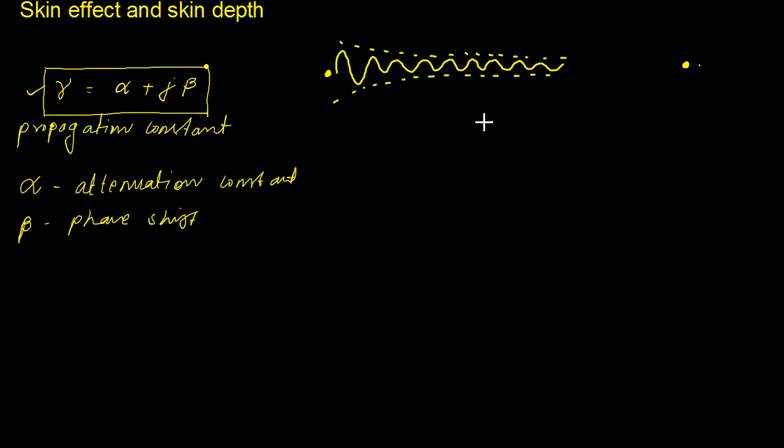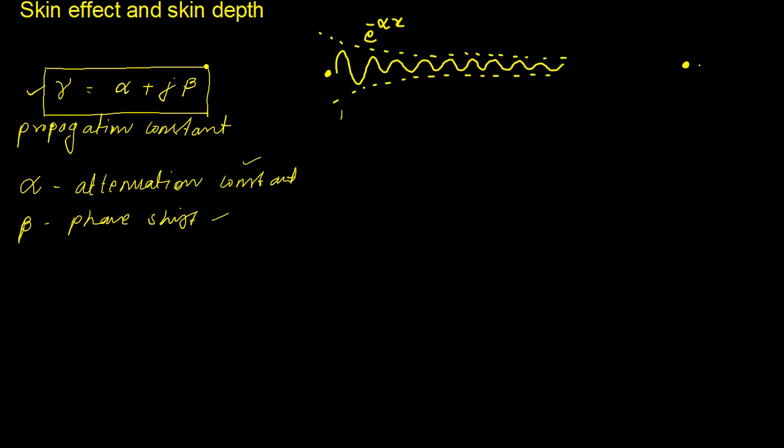So we can see that the envelope of this wave function is exponentially changing, which can be represented as e power minus alpha x, where alpha represents the attenuation constant, and similarly its phase is also shifting.